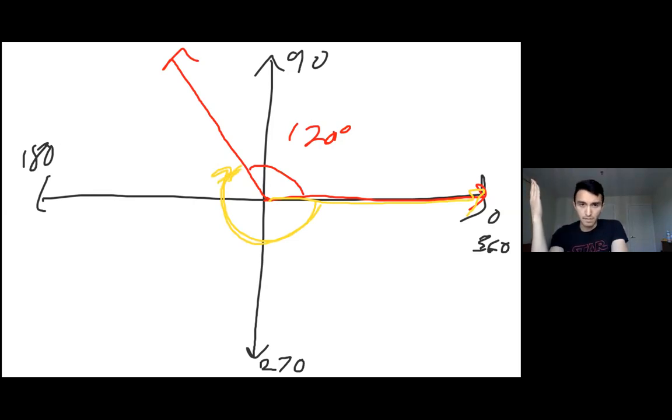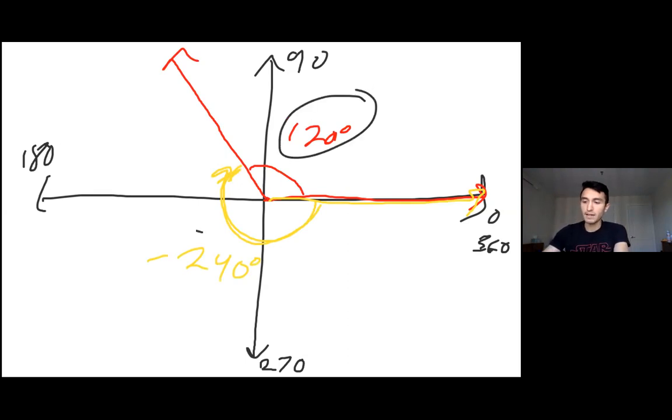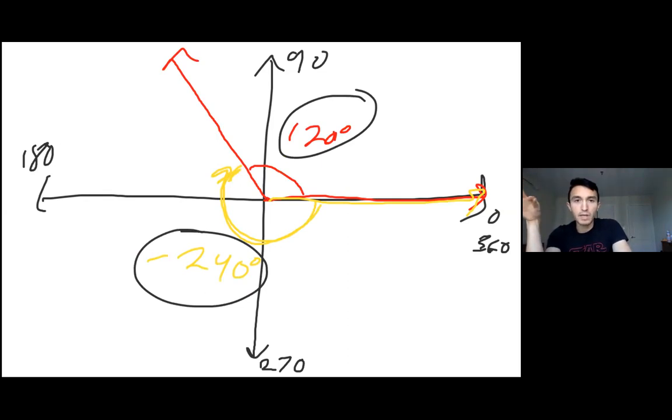And what's left of that is whatever's left of 360, which is going to be 240. And because we went negative, we're making that negative 240 degrees. All right. So if you just treat them like positive numbers, they have to add to 360. Okay. Cool.